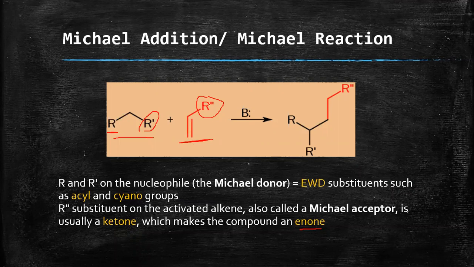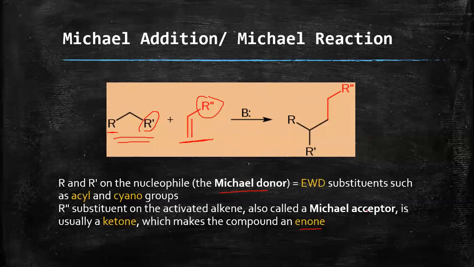Due to the presence of the carbonyl group, which makes it activated, and this site of this compound becomes electrophilic. So the enolate or the nucleophile would act as the Michael donor, the species which attacks the alpha beta unsaturated carbonyl compound, and this is the Michael acceptor.